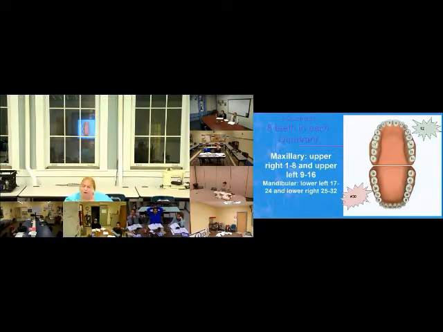Okay, so we have two arches, four quadrants, and 8 teeth in each quadrant. So the maxillary upper right has 8 teeth, and they are teeth numbered 1 through 8. The maxillary upper left has 8 teeth, and they are numbered 9 through 16.